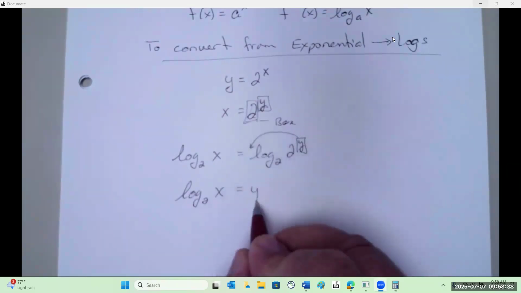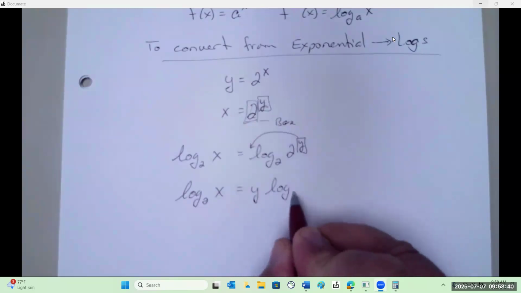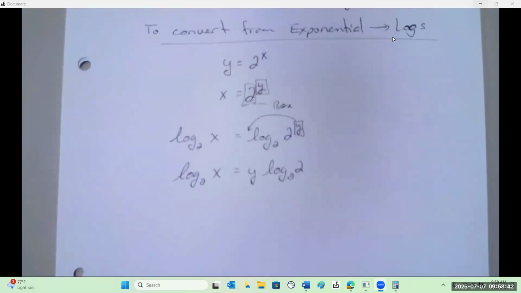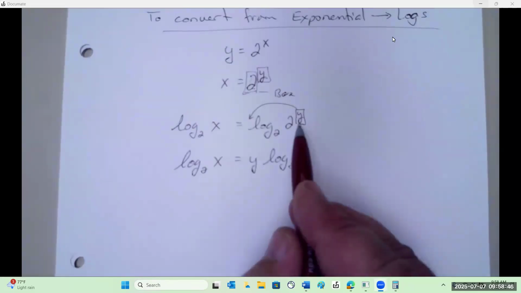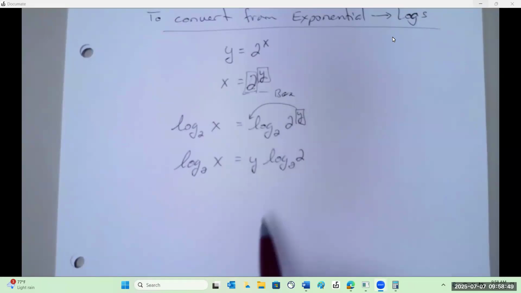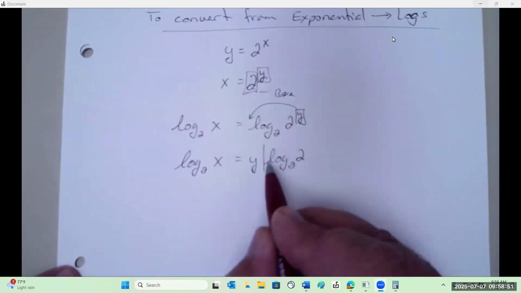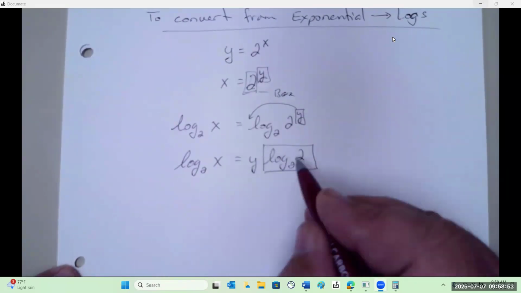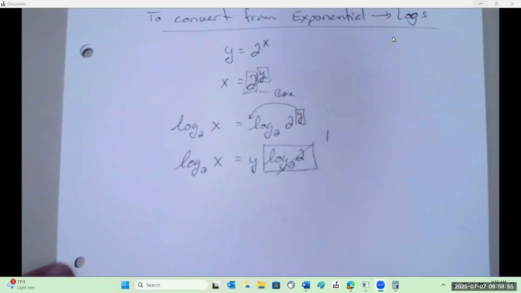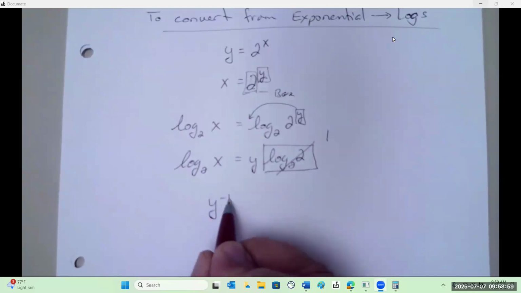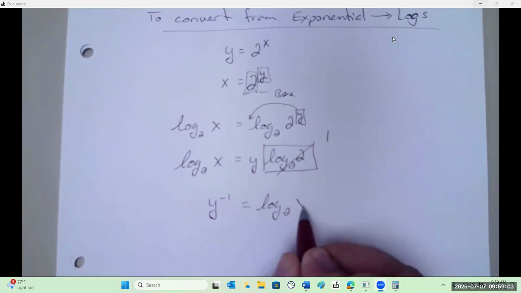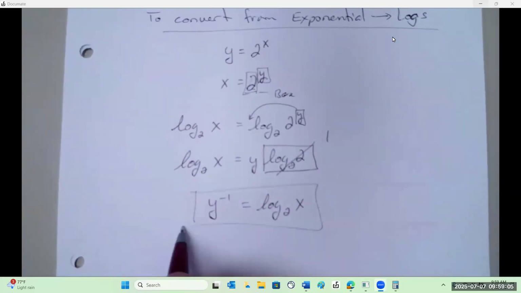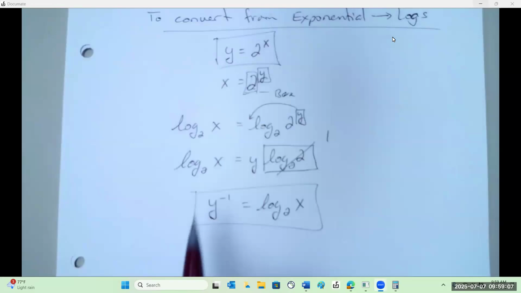Again, this is going to be the properties that we discuss in a little bit. Log base 2 of 2 is equal to 1. So my inverse is log base 2 of x. That's the inverse of that one.